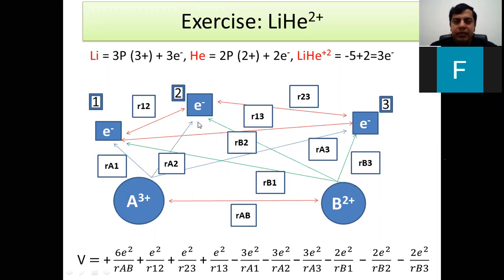And similarly you can do with the second electron, and this will remain the same, just that the distance between the nucleus and electron is going to be different, because of the different labeling of the electrons. So with the second electron this will become Rb2, and with the third electron this will become Rb3.